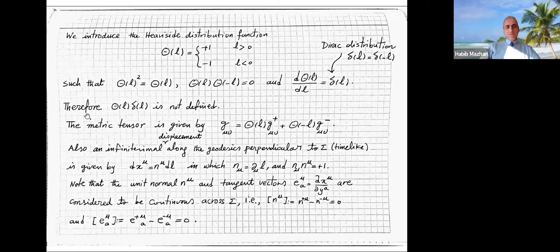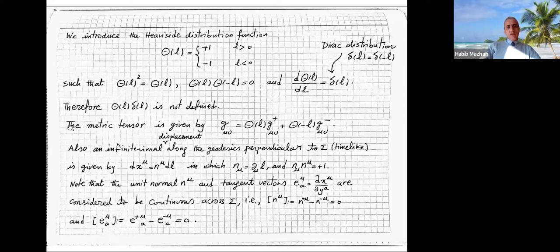So everything comes from this theta(l) delta(l) being undefined. From now on, we will try to avoid any combination such as theta(l) delta(l), or even delta(l) squared, or the second derivative of delta, and so on. Those which are not defined in distribution theory, we will avoid.